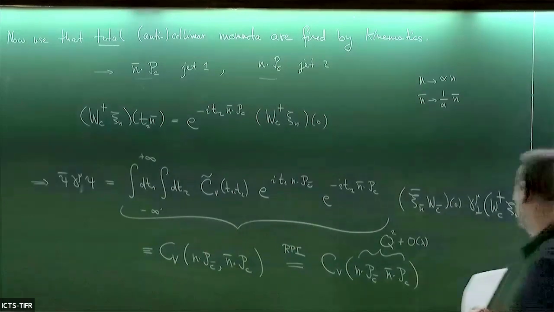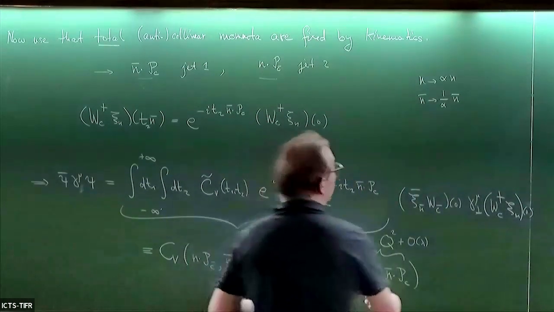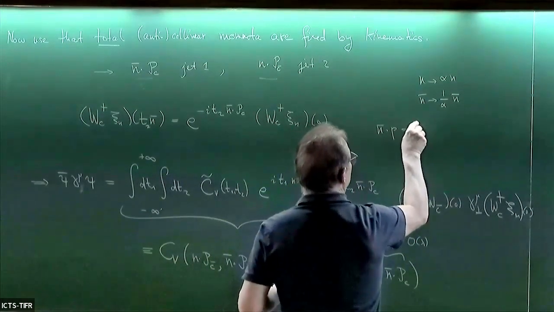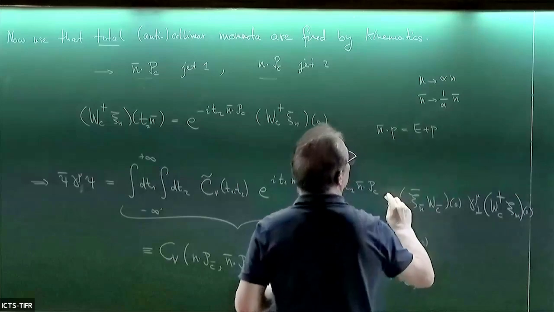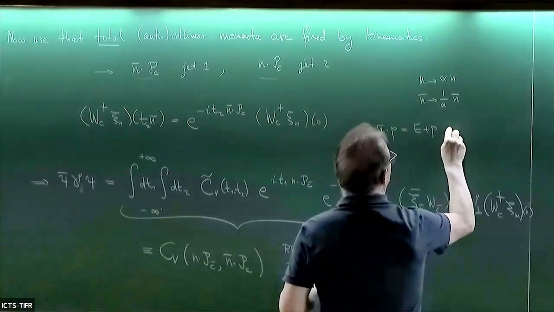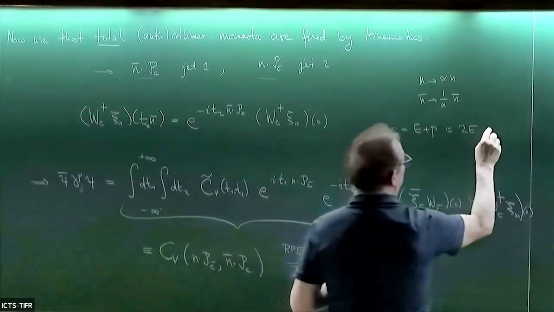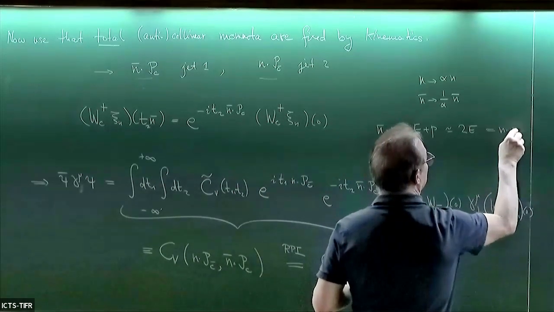Is it clear? So remember, n bar dot p is the energy plus the momentum. In the high energy limit, this is approximately equal to twice the energy. The same is true for n dot p bar.